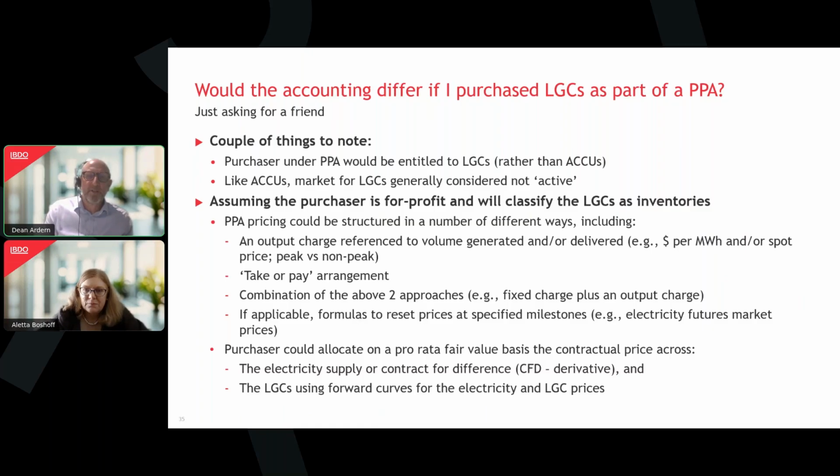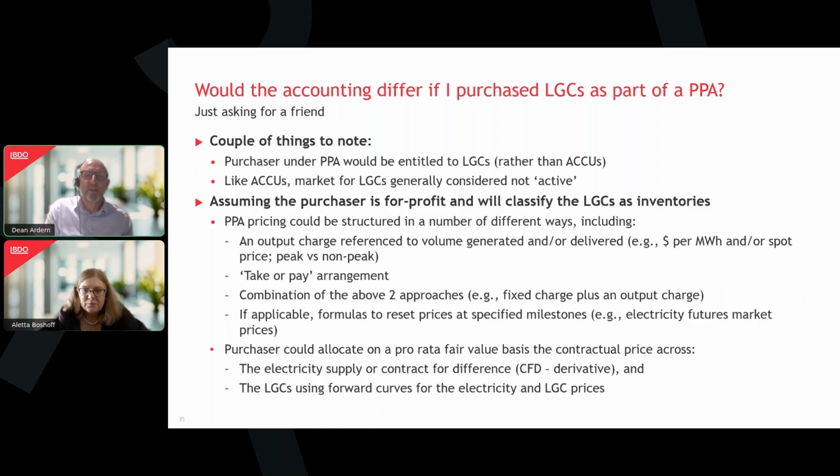The general theory and the general approach across the market is that you have to use some kind of pricing or valuation process to split out the value of the LGCs from the value of the electricity. That in itself can be challenging, particularly if it's not a fixed price for the electricity over time. If it's a fixed price for the electricity over time, you can generally do the split pretty well.